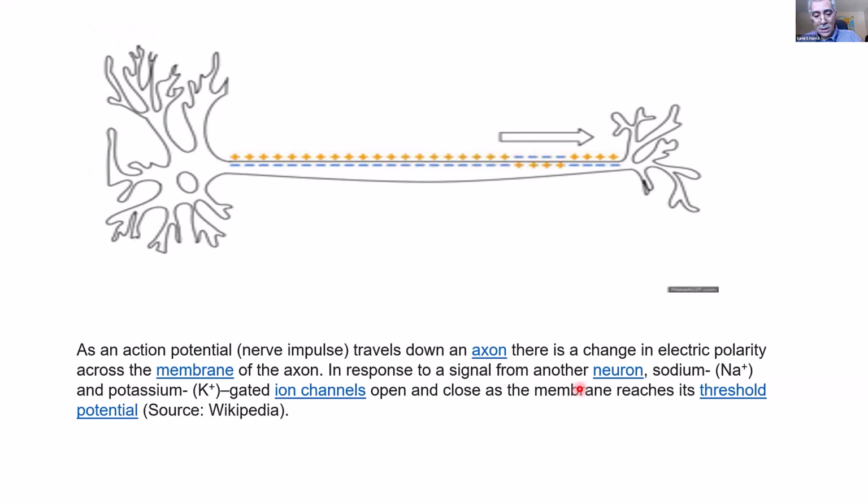There are gates for ion channels for sodium and potassium that open and close, which changes the membrane potential, and when it reaches the threshold, there is propagation of the pulse.